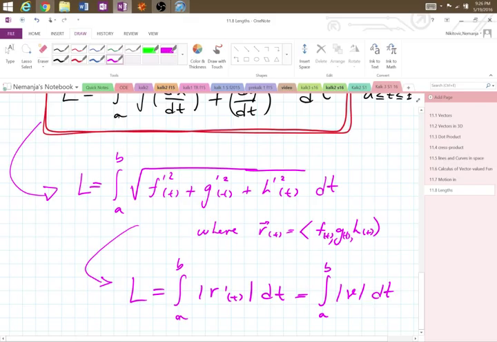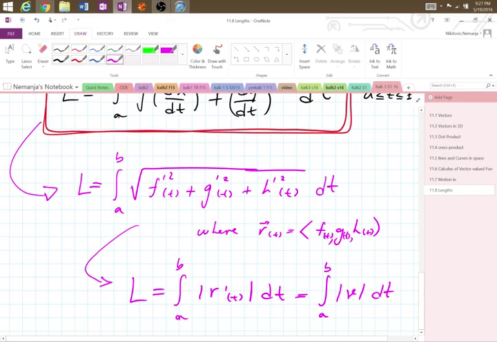It's the integral of the speed, the length of the curve. They're all the same, whatever you want.